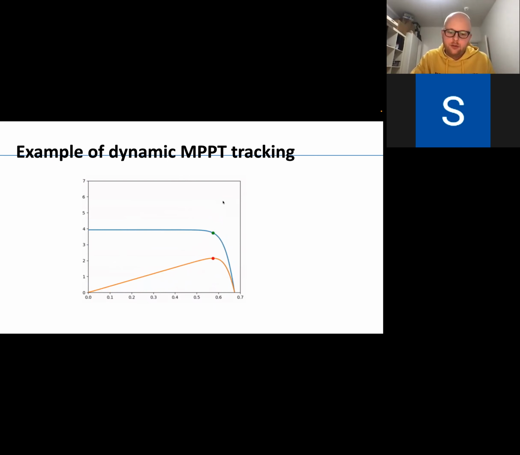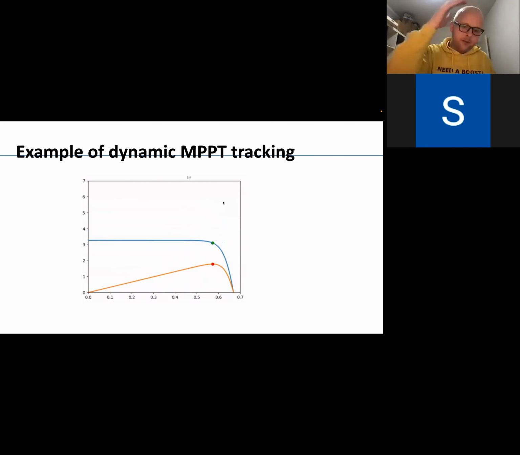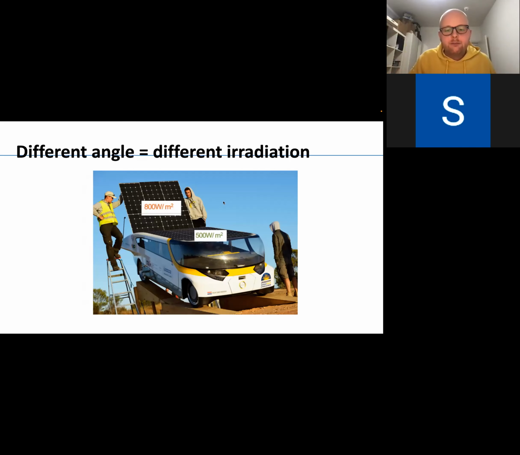Let's see, what else? This picture we've seen before. Here we have two solar arrays that have a different angle. Therefore, some solar cells get more irradiance than others. For example, the ones that are pointed to the sun might get 800 watt per square meter. The ones that are not perpendicular to the sun might only get 500 watt per square meter.